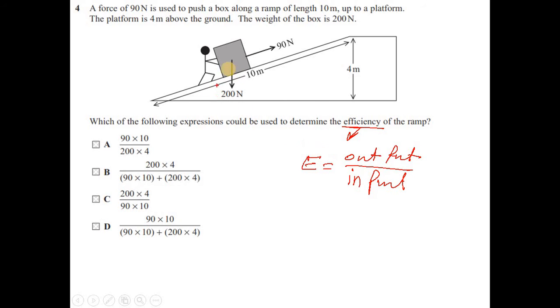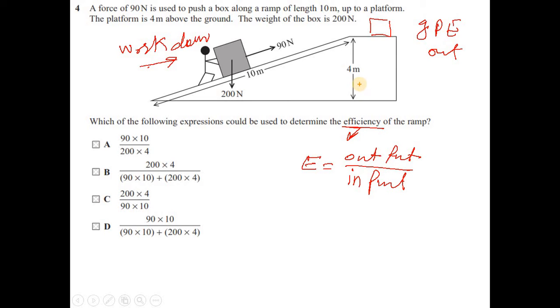So in this case, when the person brought the box to the height, the output would be in the form of gravitational potential energy, and the input would be the work done by the man on the box. You can see that the man is applying a force of 90 Newton to push the box along this ramp of 10 meter. So the output would be gravitational potential energy.